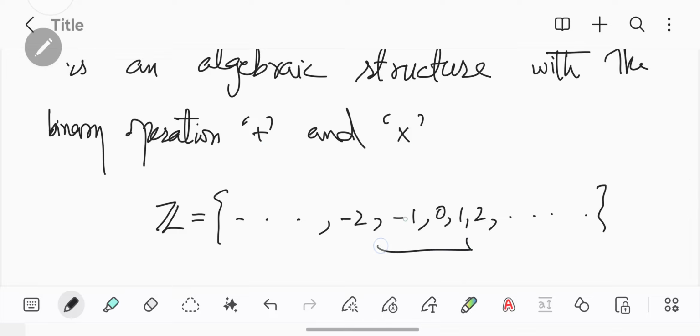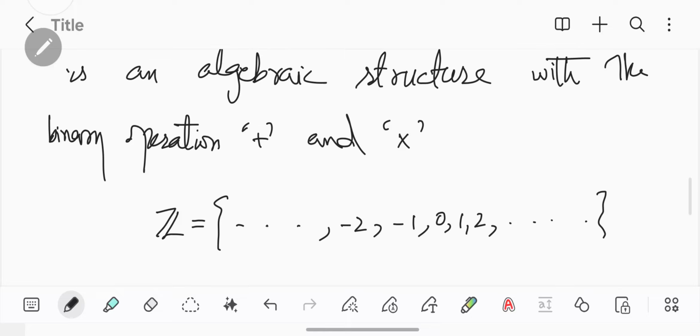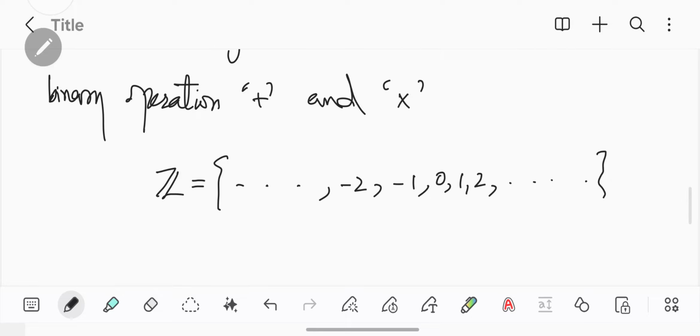If you add any two numbers, you will get some new number inside this set. And if you multiply any two numbers from here, you will get another number in this set. So that means this set keeps on going along the positive side as well as along the negative side, right?